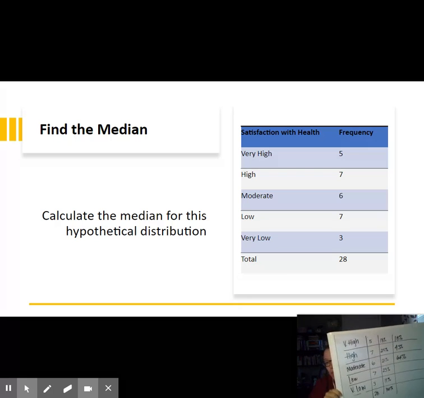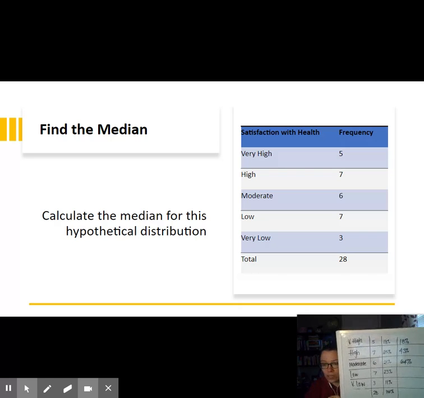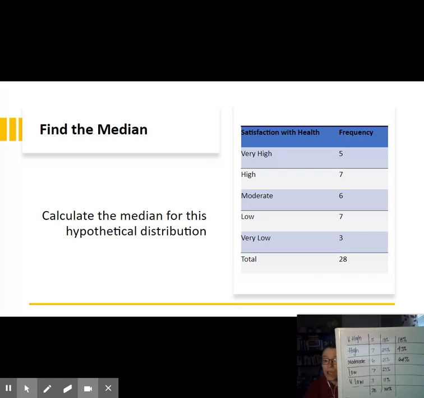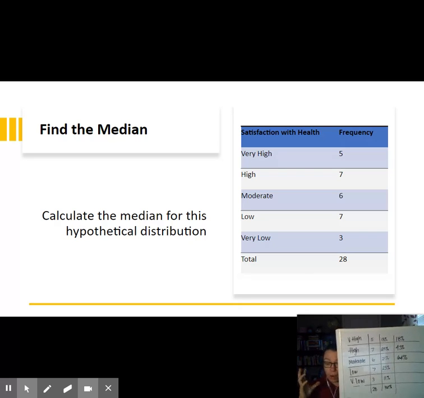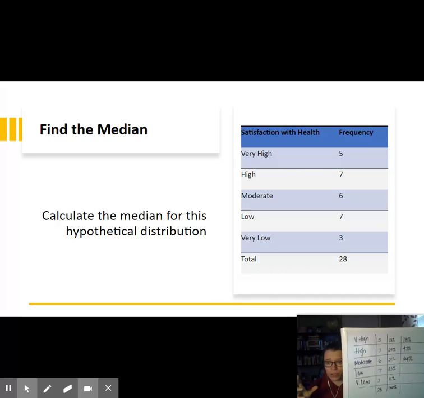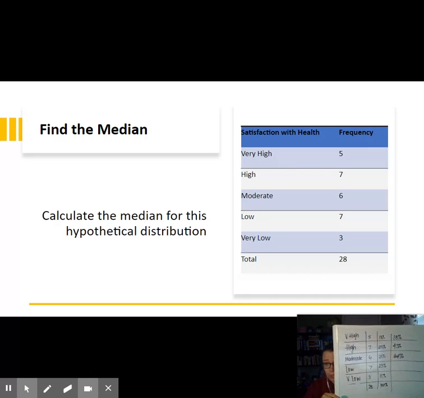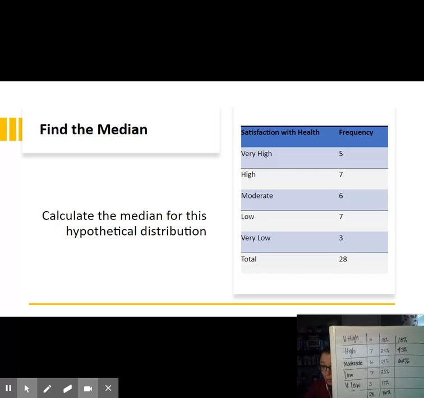What might be helpful to think about, if you are a visual person, is to imagine these are ping pong balls. I've got 5 ping pong balls in very high, 7 ping pong balls in high, 6 ping pong balls in moderate, and so on. So when we're talking about using cumulative percent to find the median, I look at my first category of very high.